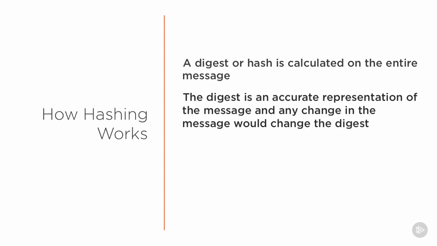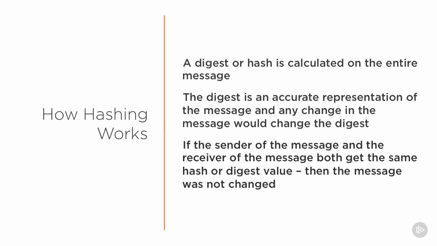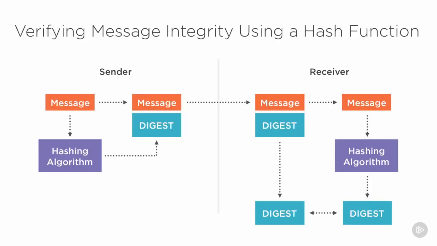If there was to be any change to the message, even a bit, that digest would change by a minimum of 40%. So if I have calculated the digest of a message before I send it, we can then validate that that message is the same by ensuring that it generates the same digest once that message has been then received.